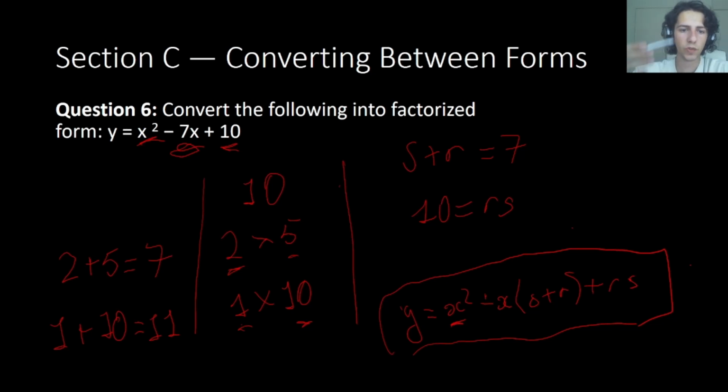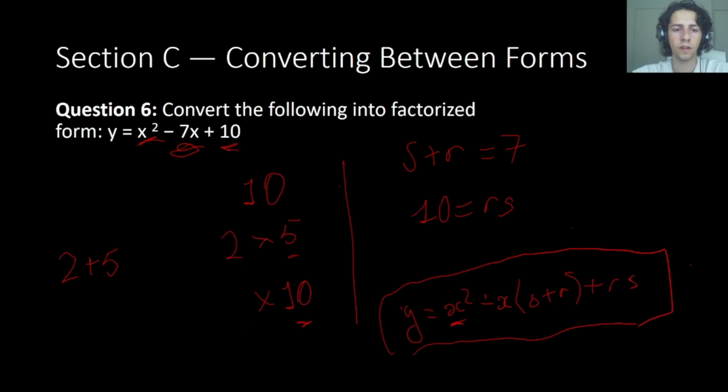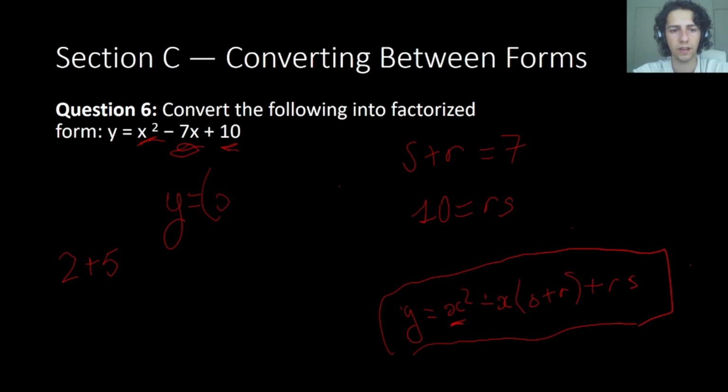So, if we go back now and remember the 2 and 5, if we go back now to a factorized form, which is going to be something like this, we can assign 2 and 5 to s and r.